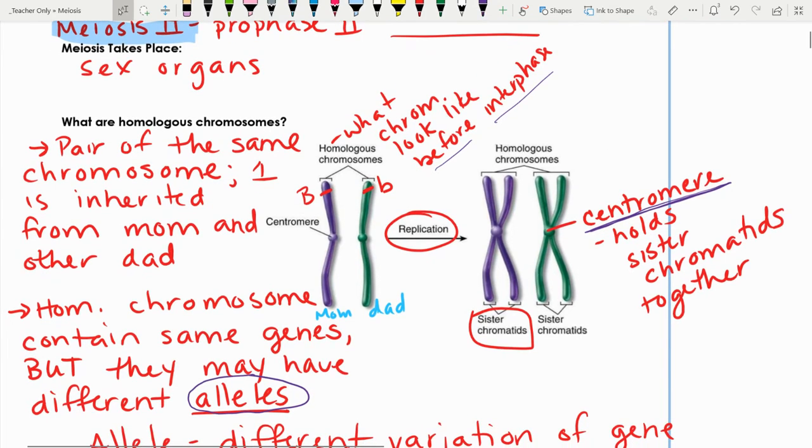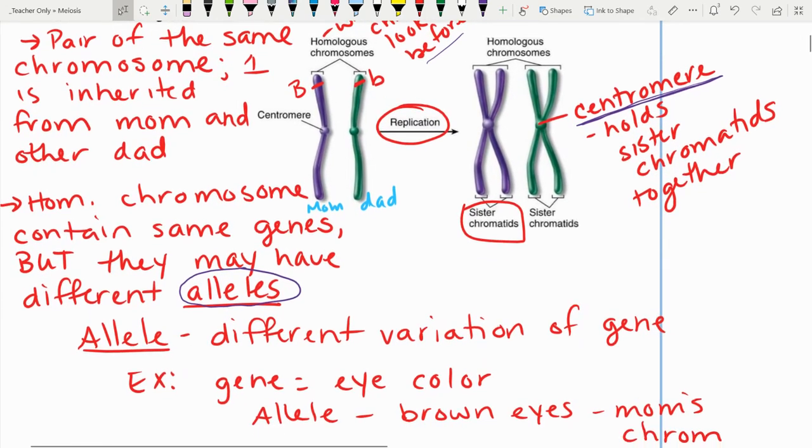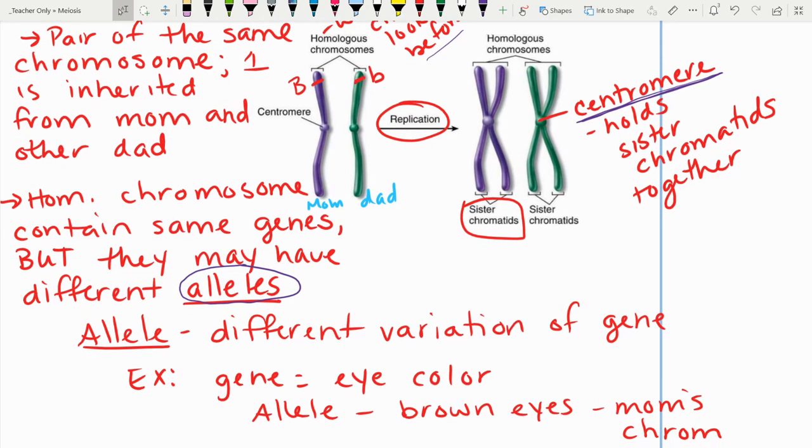So what are alleles? You want to separate alleles from a gene. They're not the same. An allele is a different variation of the gene. For example, you have a gene that controls eye color. An allele would be the different possible options of that eye color, such as brown eyes.